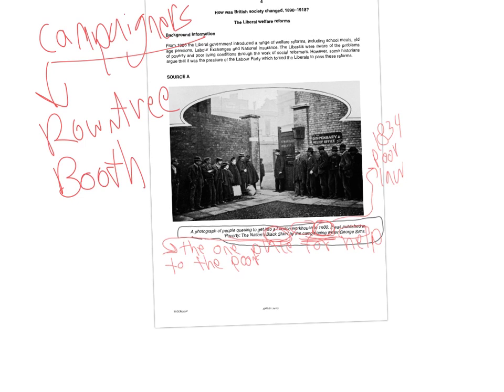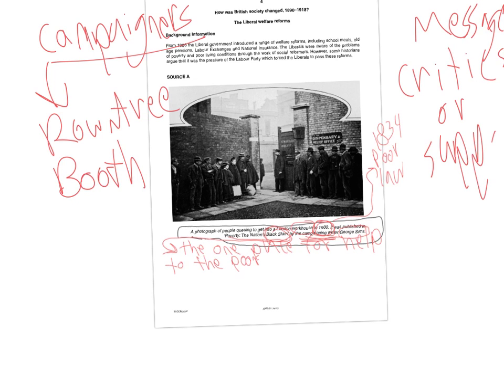If the question was, what is the main message, then that's all about criticizing or supporting something. That's always what the main message is about. That the photo is either criticizing something or someone, or supporting something or someone. And if you did that, then you could get 5 out of 8 marks.